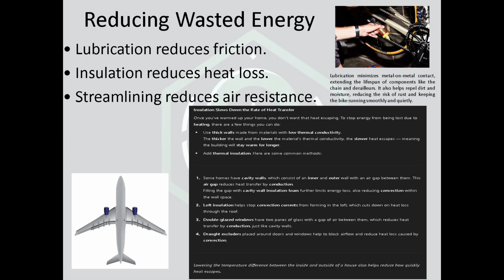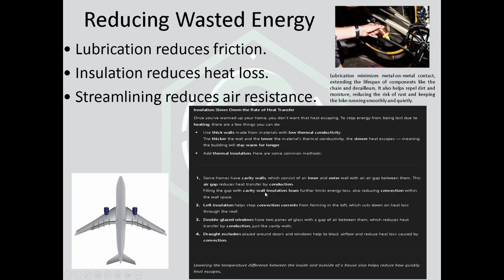And insulating your house, for example, so you may want to use thicker walls from materials with lower thermal conductivity, and there are some methods of thermal insulation. For example, some homes have cavity walls which consist of an inner and outer wall with an air gap between them. This air gap reduces heat transfer by conduction, as we mentioned earlier.